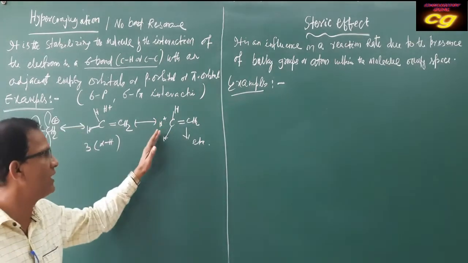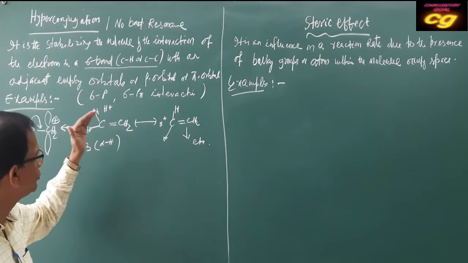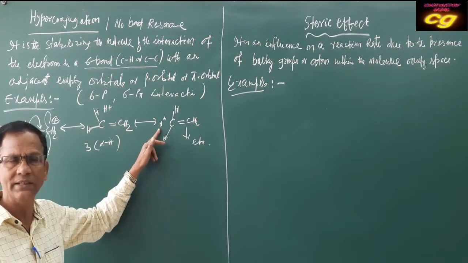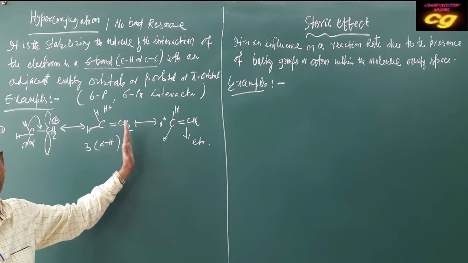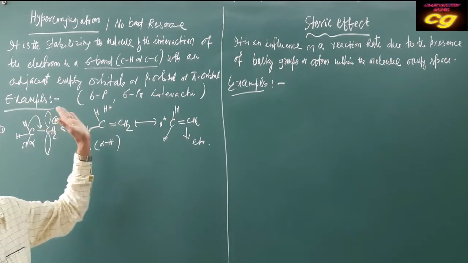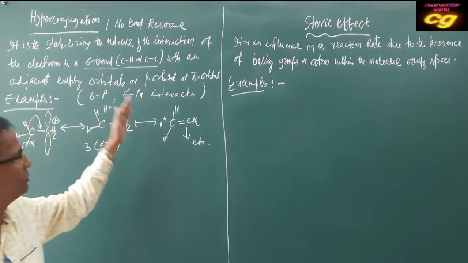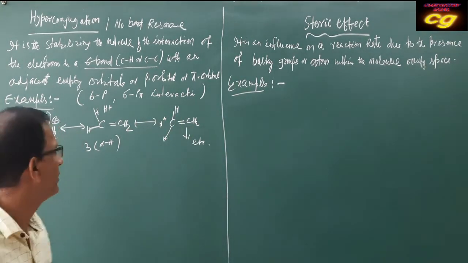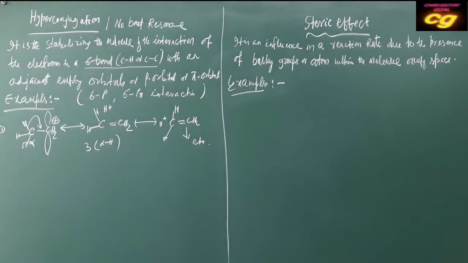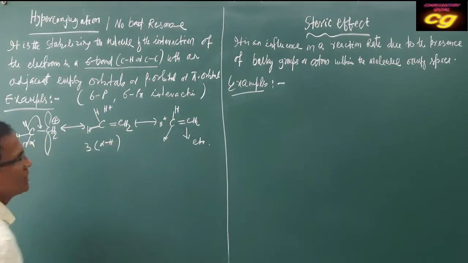It will not be free. That's why we should think that this hydrogen is not acidic. After loss of the CH bond electrons, the H plus is just fixed to the carbon-carbon double bond, so it is not free. As there are 3 alpha hydrogen atoms here, 3 structures of this no bond resonance are possible.